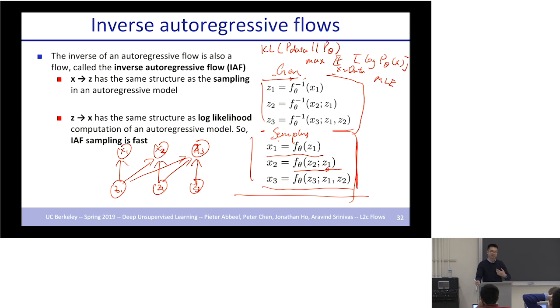Nature gives you a bunch of data points, and you need to evaluate how likely your model thinks those data points are. In those cases, autoregressive flow is absolute trash, because to evaluate each data point, you need to do all of the evaluations instead of everything being parallelized.